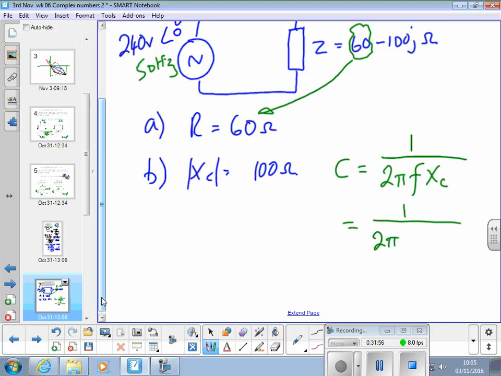One over 2 pi times 50 times 100. C equals 31.83 microfarads.